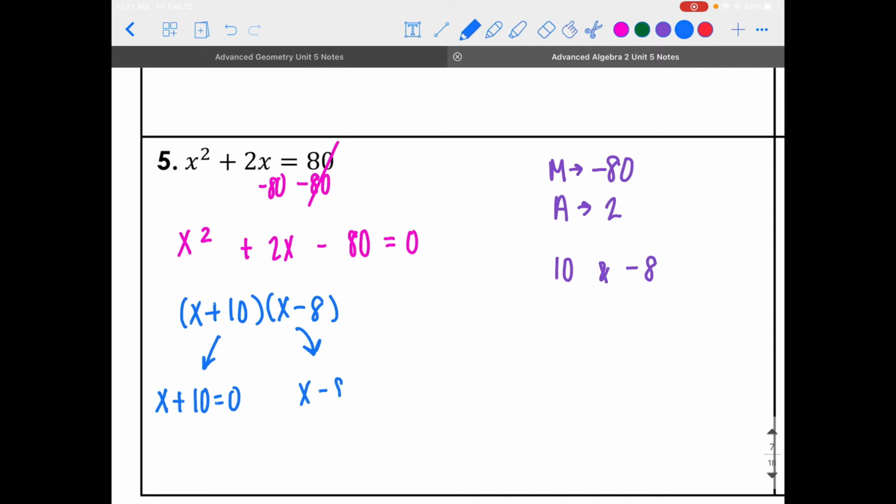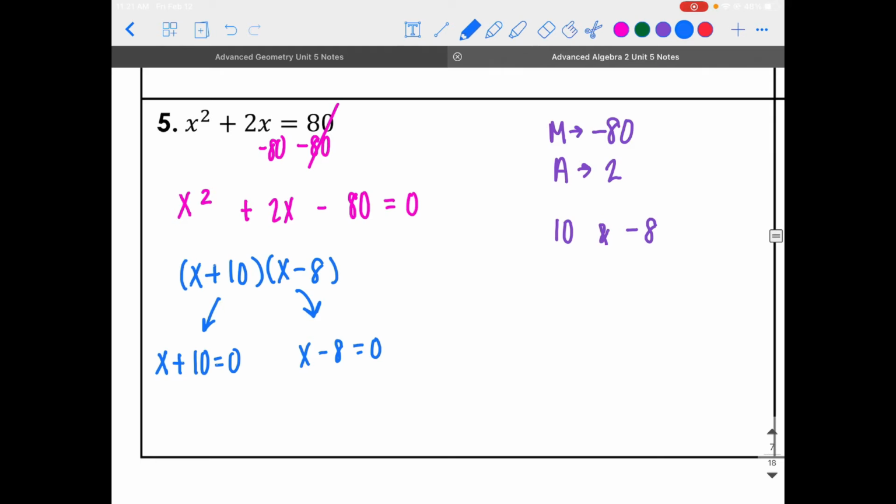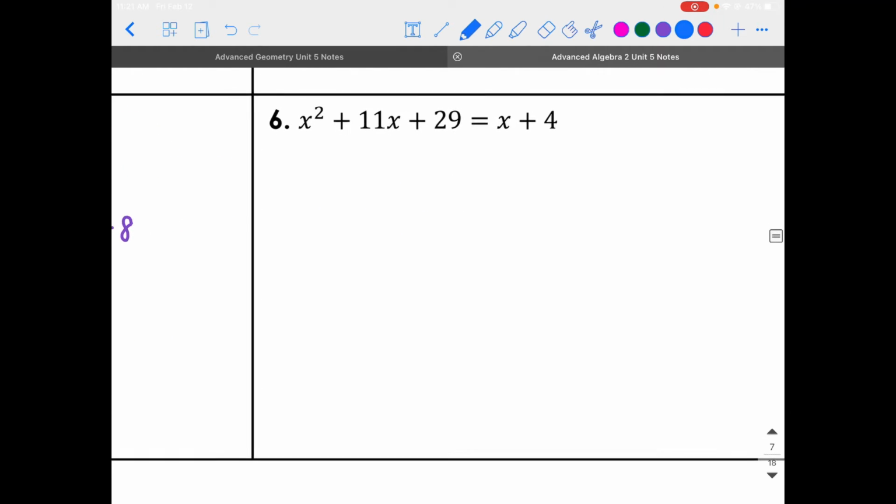x plus 10 equals 0. x minus 8 equals 0. So x equals negative 10 and x equals 8. All right, number 6.